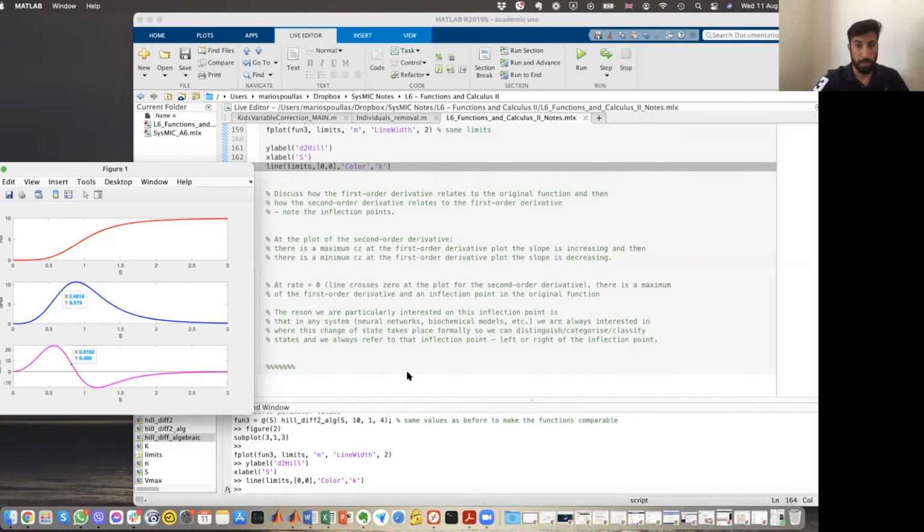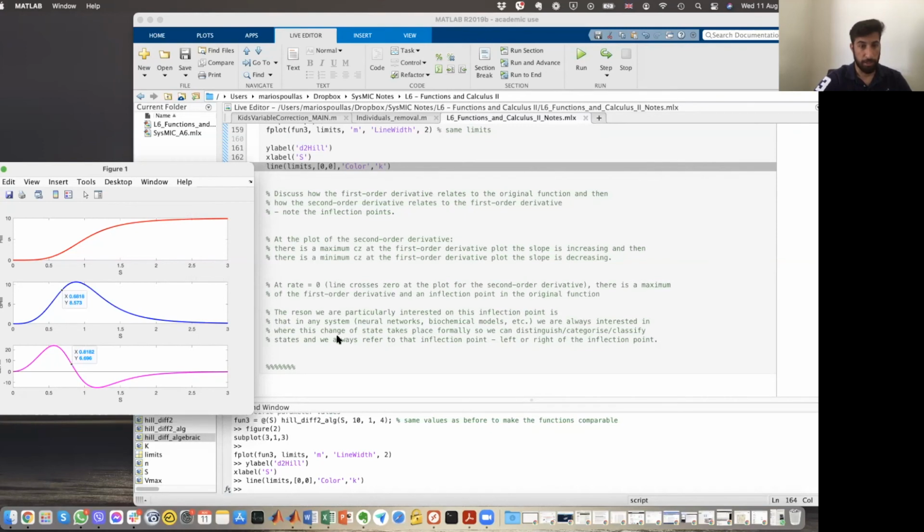We are interested in where this change of state takes place formally, so we can distinguish or classify the states. And we always refer to this inflection point, and we mention left or right of the inflection point.